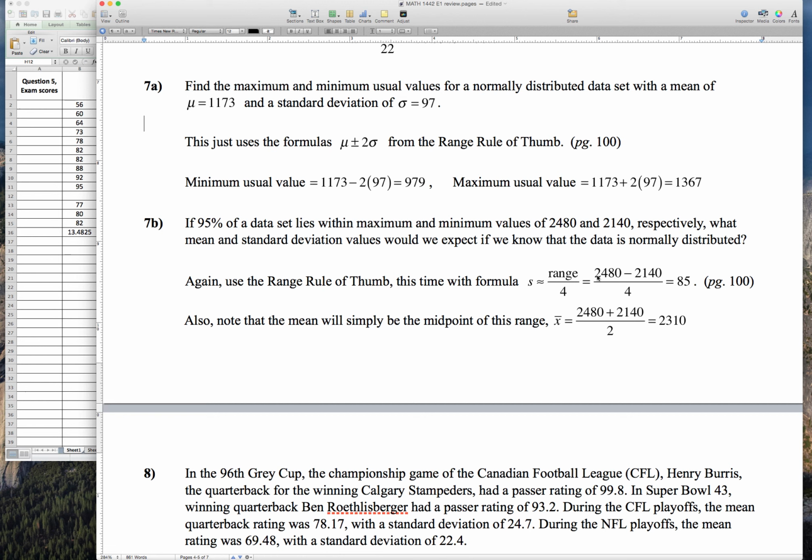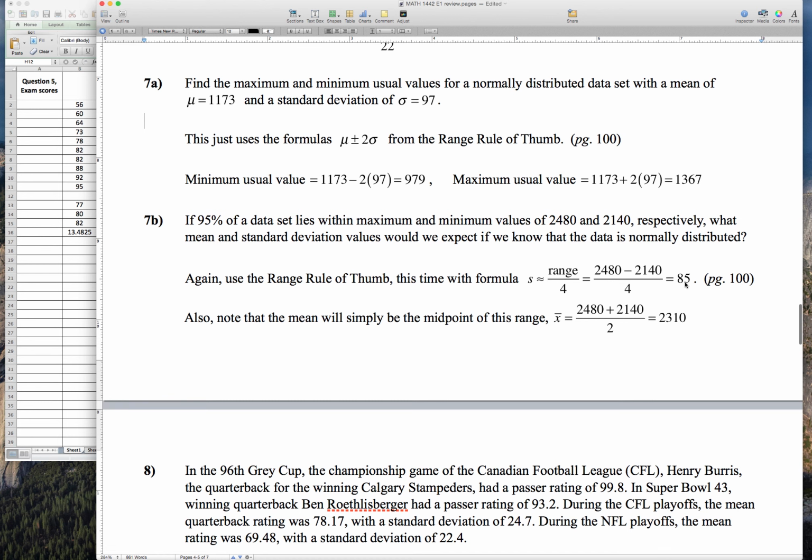Now don't forget parentheses. If you enter this into a calculator, don't forget to subtract 2140 from 2480 first before you divide by 4. Now, if you do this in 2 steps, you don't need parentheses. You can subtract 2140 from 2480, and then what your result is, you can then divide by 4, and that's 85.